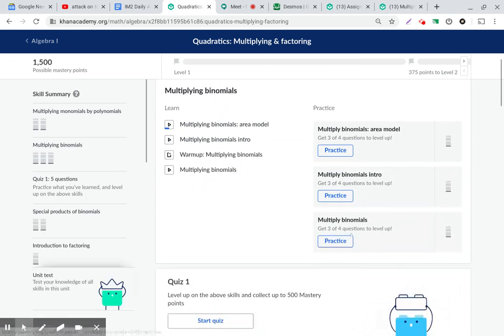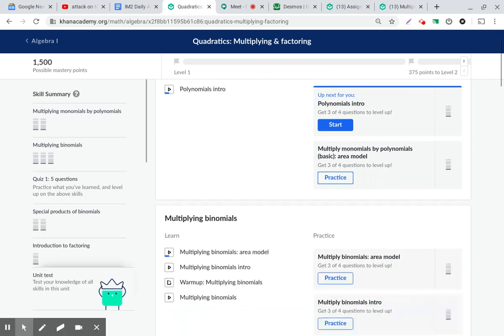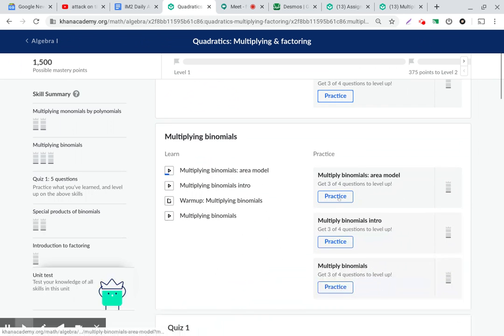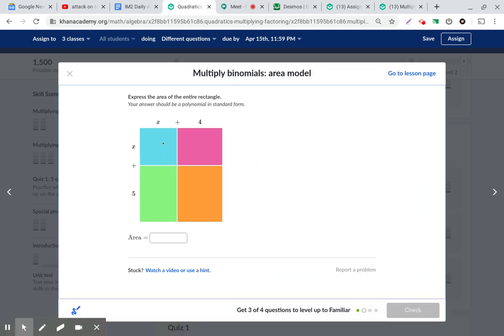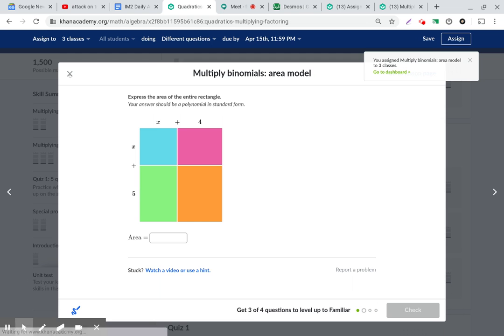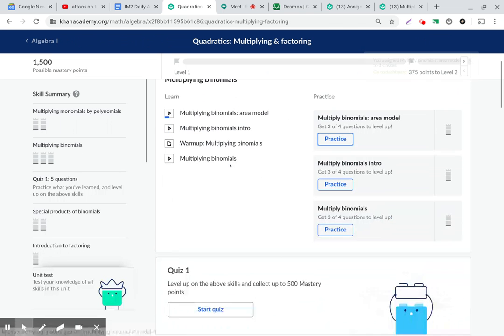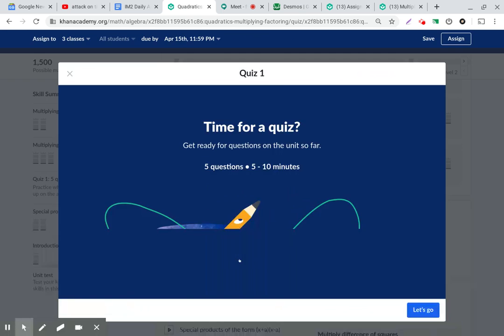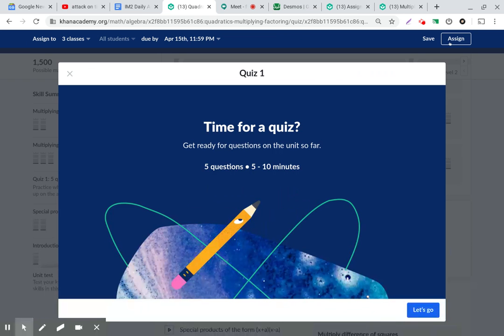How's everybody doing so far on that? Also, as you get better at this, you can start doing them in your head. It's actually not that complicated, but when you add the two in the middle, those are the ones you might want to just write down.